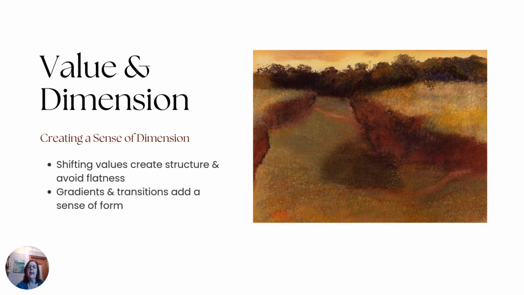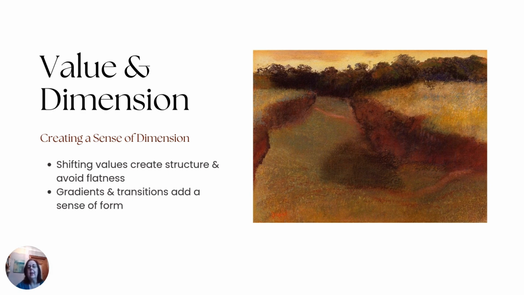Beyond focus and depth, value also helps create a sense of dimension, giving a painting structure and preventing it from feeling flat. Even in abstract work, shifting values suggest form, making a composition feel more layered and dynamic. Degas' Wheatfield and Line of Trees is a great example of how value can build structure within a painting.